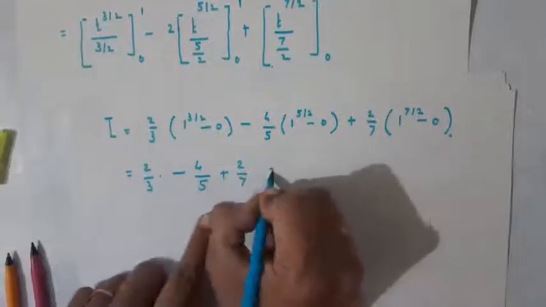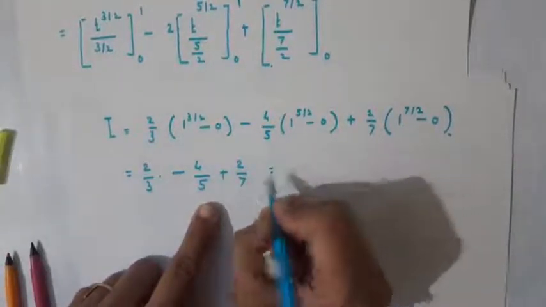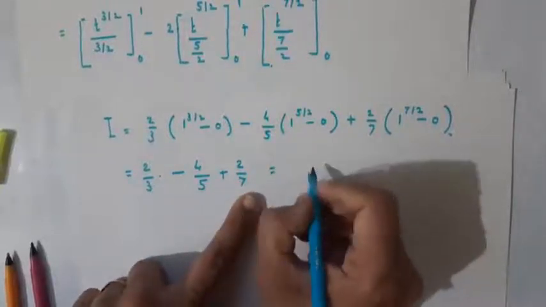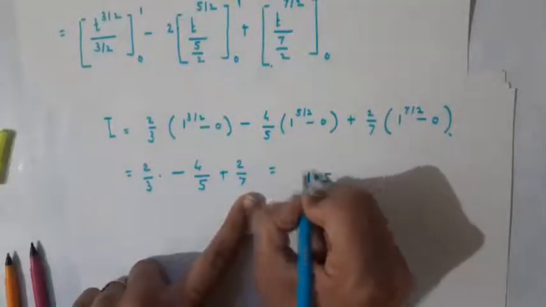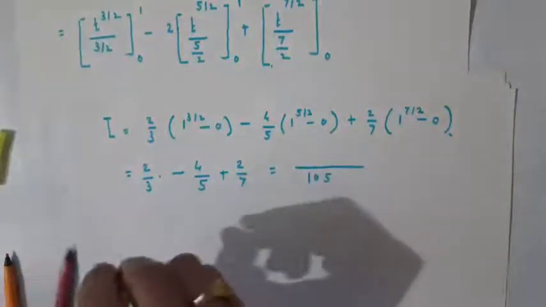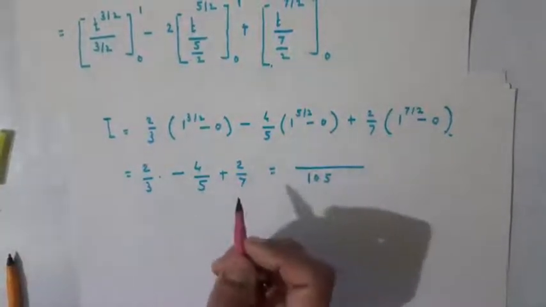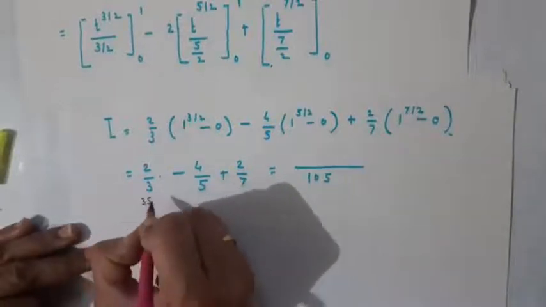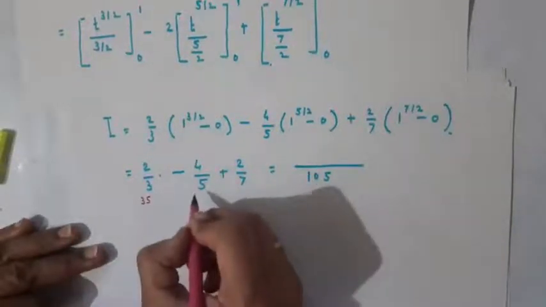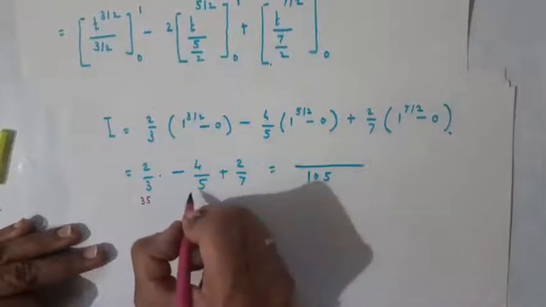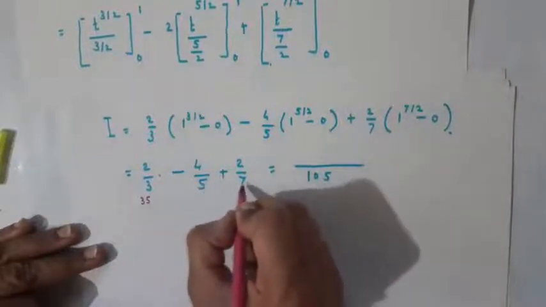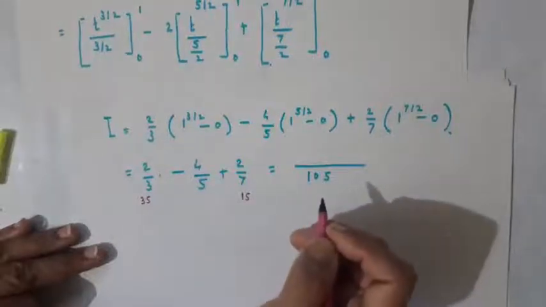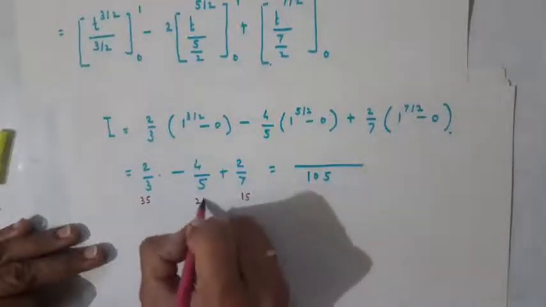And here the LCM is, that is 3 into 5 is 15, 15 into 7 is 105. Okay, so multiply here 3 with 35, okay, 5 with 15, 7 with 15 and 5 with 21.